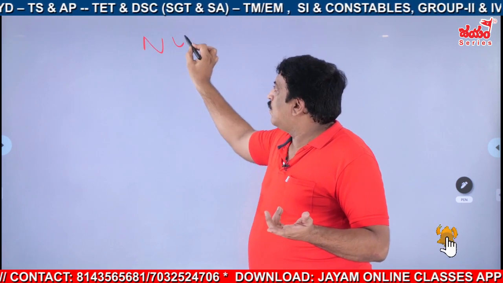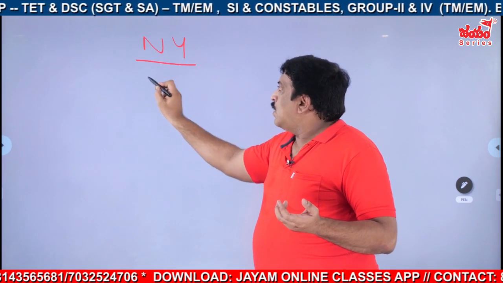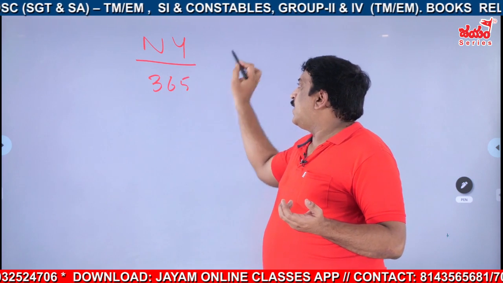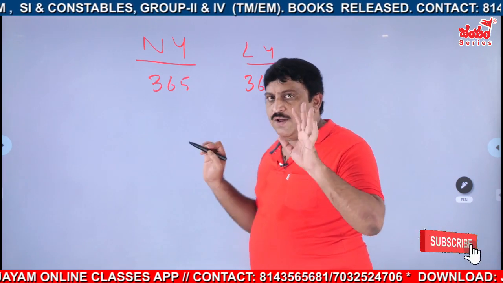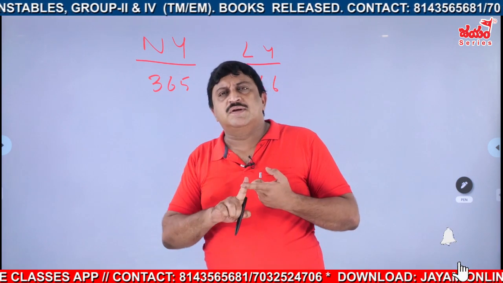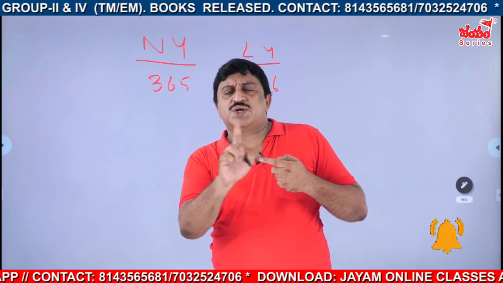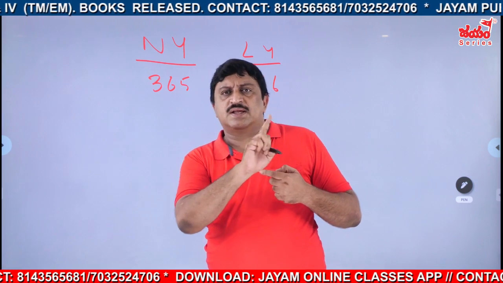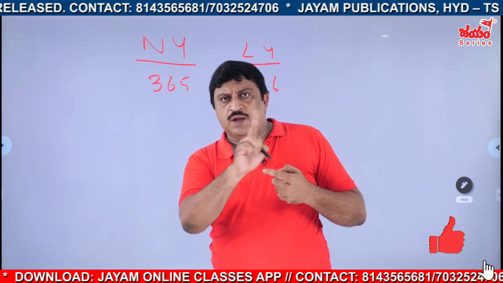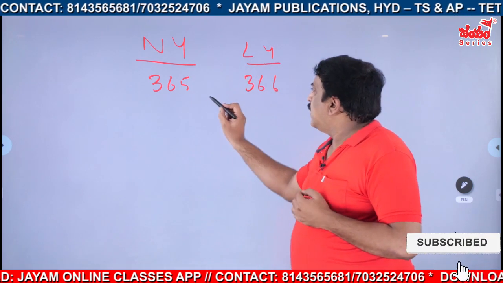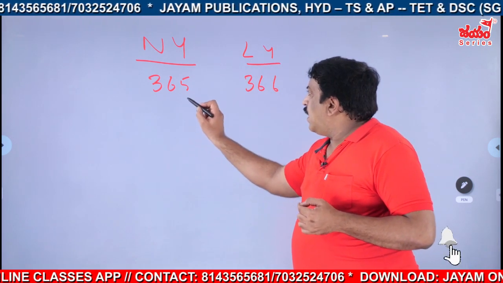Normally it has 365 days, and a leap year will have 366 days. This is what we have. But actually, what is the actual rotation of the Earth around the Sun? That is called revolution, right?